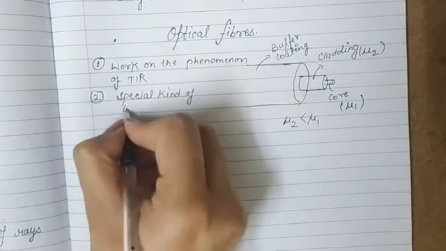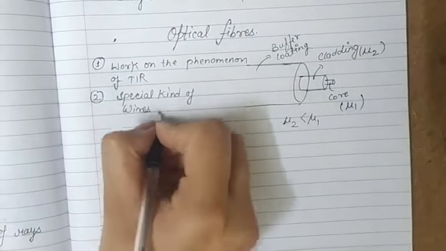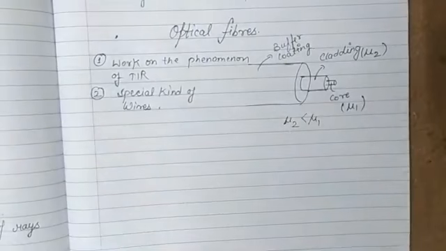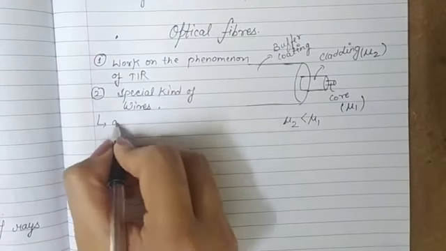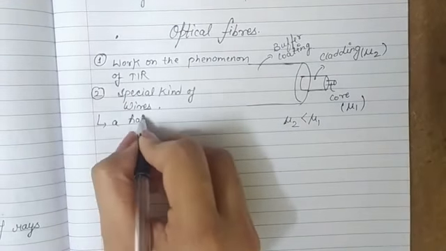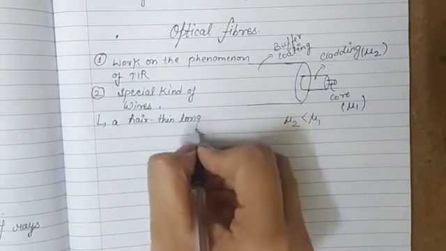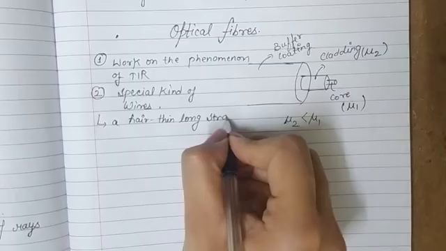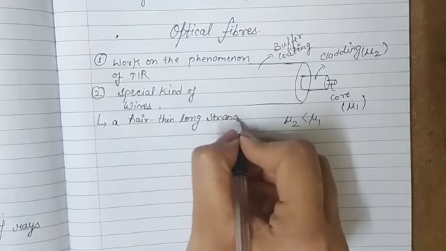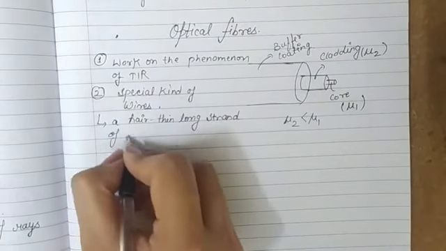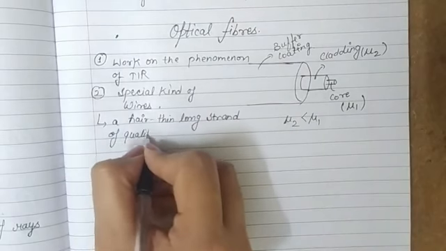Second thing, these are special kinds of wires or cables which can be defined as a hair-thin, long strand of quality glass or quartz.